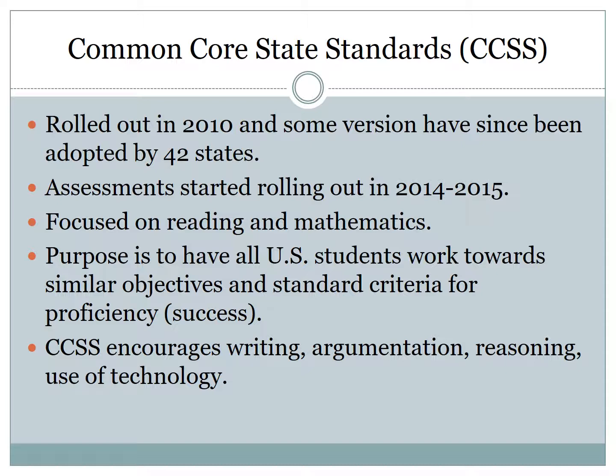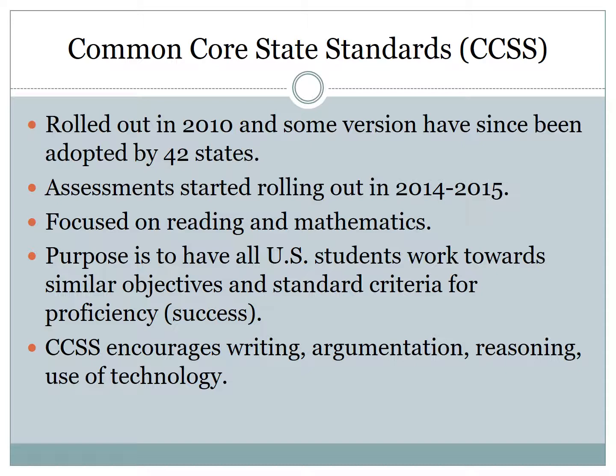That kind of makes sense, because if every state, which is what they were doing before, is measuring a different set of standards, we don't know how students are doing nationwide on important standards like in math and in reading. The Common Core standards have been an attempt to standardize some of those standards.